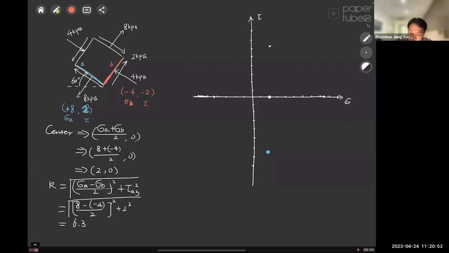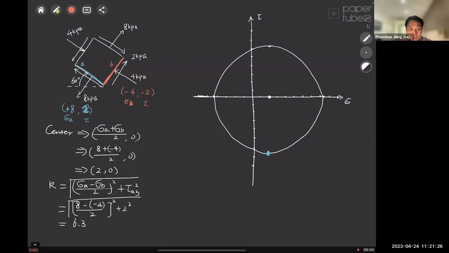Right. Those are the 4 points here. We can connect those 4 dots to create our Mohr circle. Right. That is the Mohr circle.